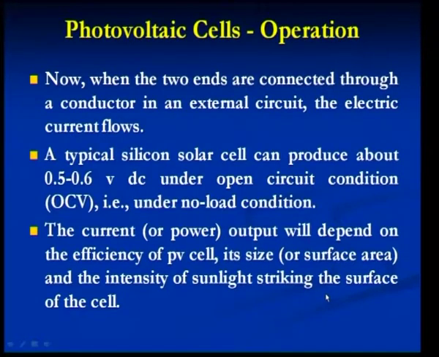So, the three important factors that decide the amount of current or power generated by the photovoltaic cell are: number 1, the efficiency or the performance of the photovoltaic cell; number 2, the surface area or the size of the photovoltaic cell; and number 3, the quantity, the intensity, the amount of sunlight that strikes the surface of the cell.